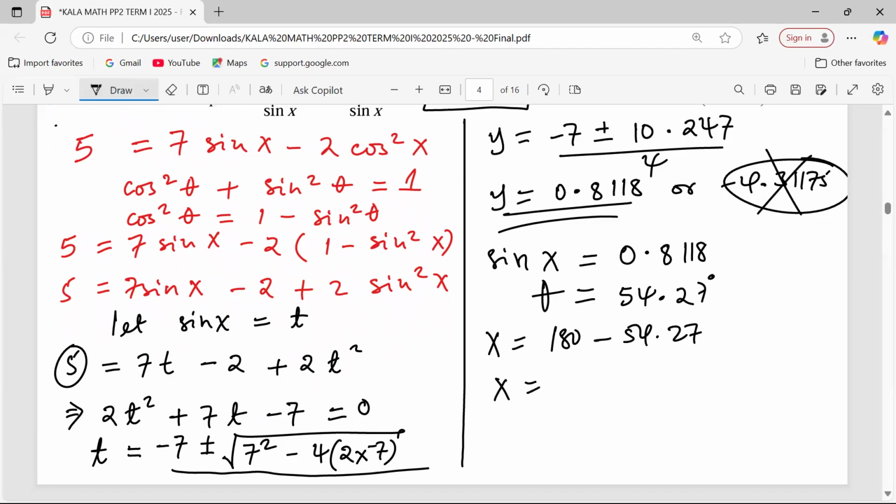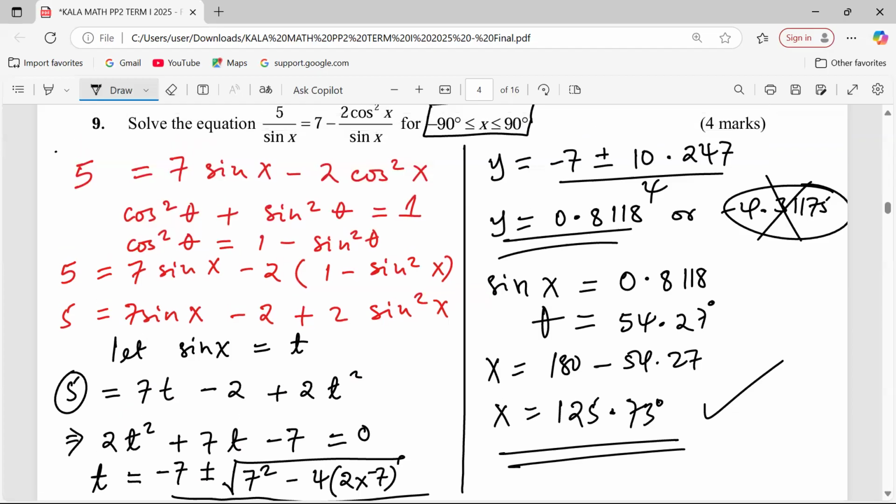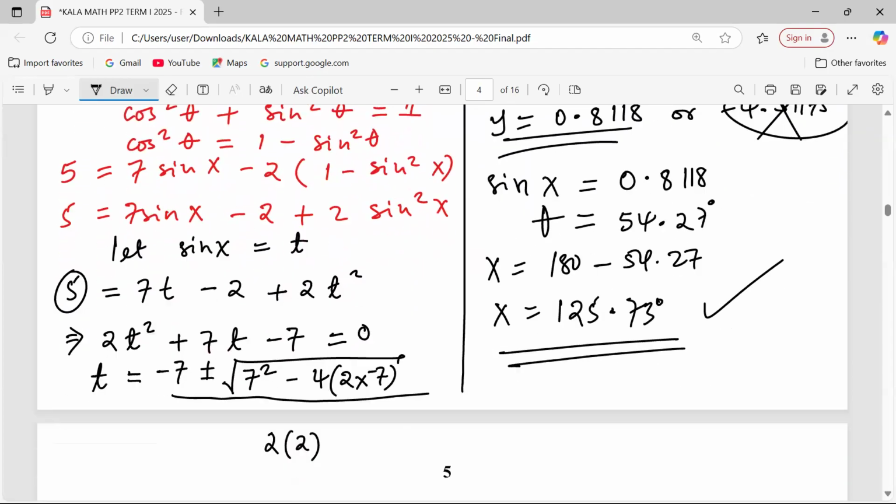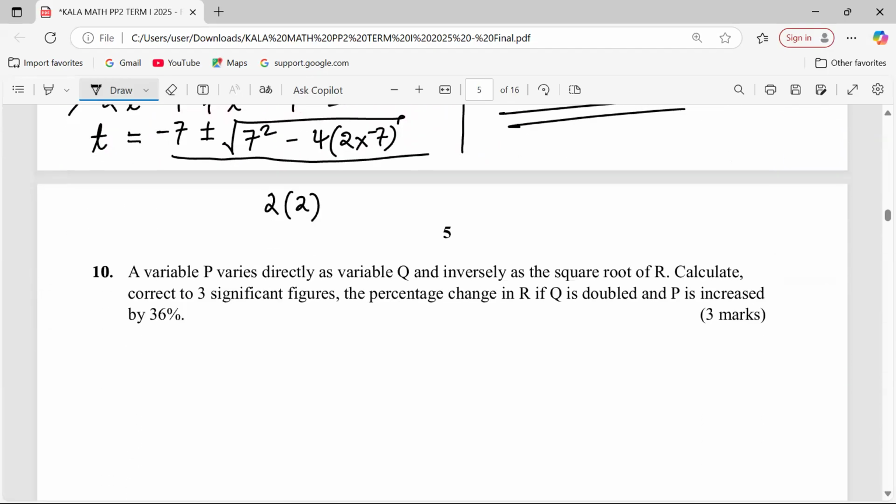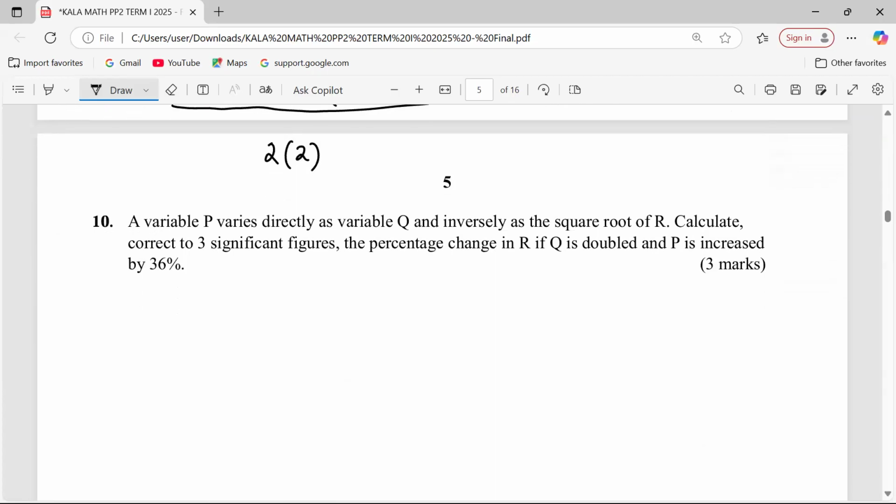So x shall be 125.73. This is the value of the angle that we needed. So that is it. And that is how you are supposed to work it out.